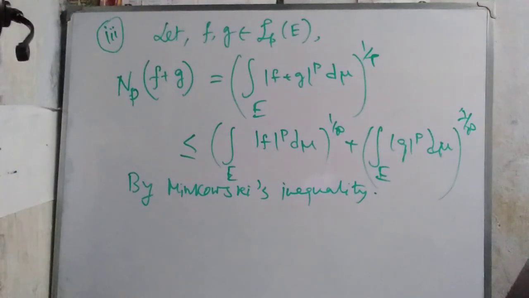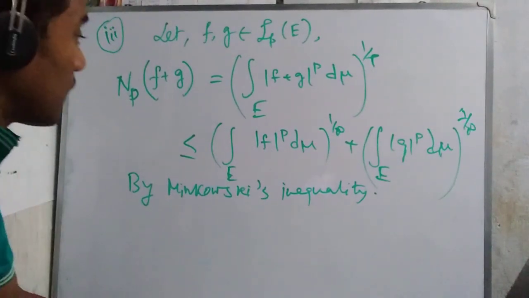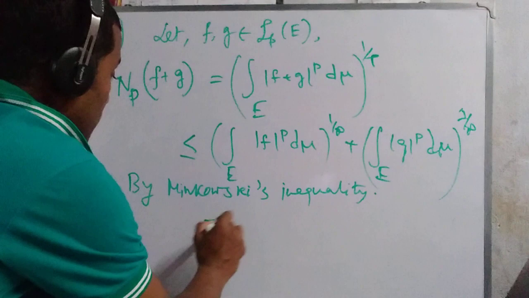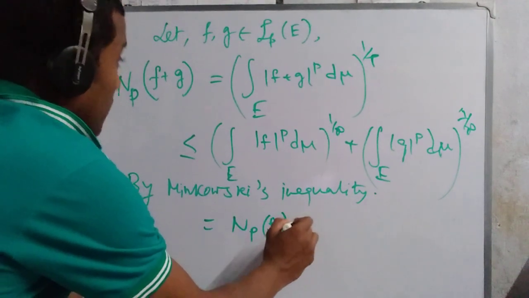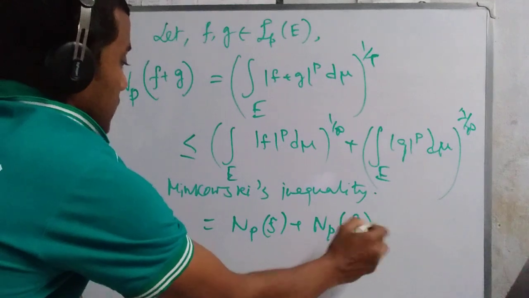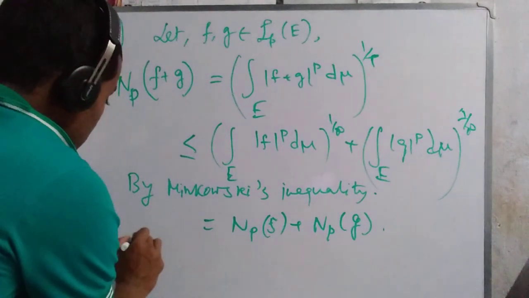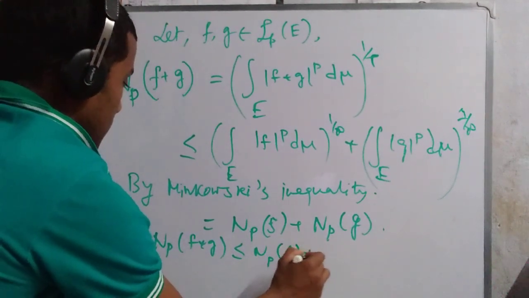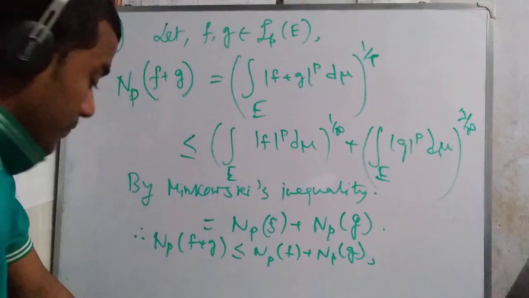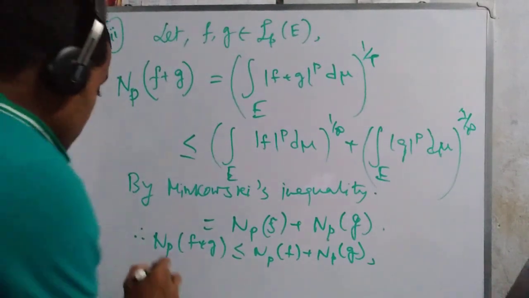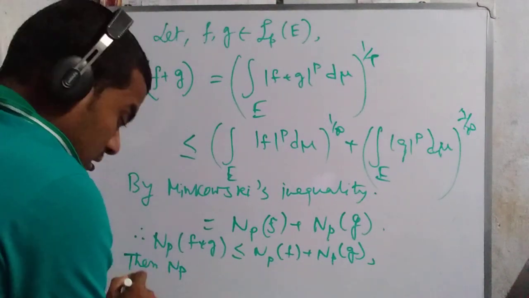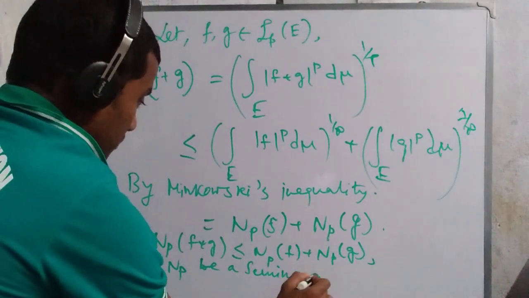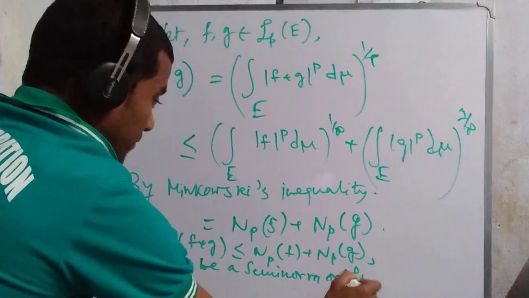We also proved this in the previous class, and today we also utilize it here. Now this equals N_p(f) plus N_p(g). Then N_p(f+g) is less than or equal to N_p(f) plus N_p(g). Then N_p is a semi-norm on L^p(E).